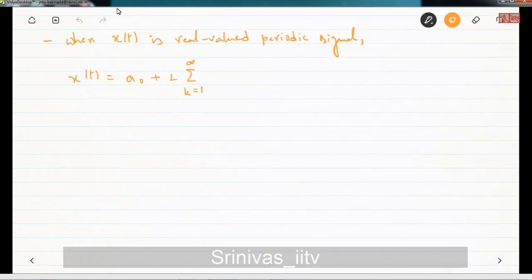But here, when x of t is specifically real valued periodic signal, we can express x of t as something like this, where it is a k cos k omega naught t plus theta k, or it can also be written so, where a k is equal to capital A k e power j theta k.